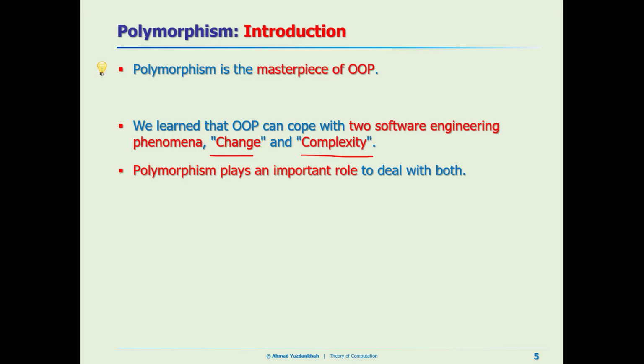And when it changes, you are increasing the complexity of your software, and a paradigm should be able to cope with this, and we claimed before that OOP can do that. That's why OOP is still alive. And between those four that I talked about so far, polymorphism plays an important role in dealing with both of them.